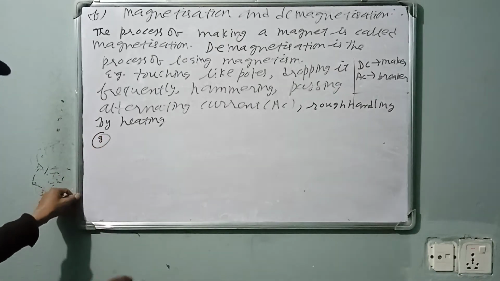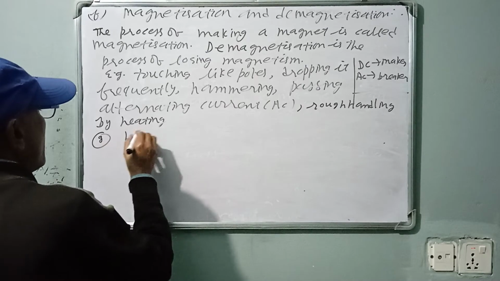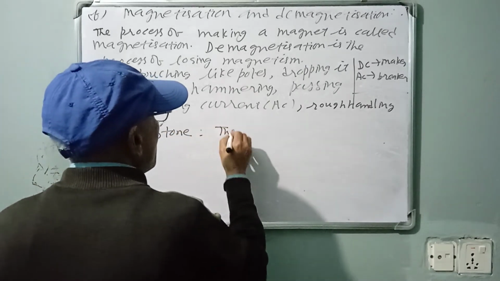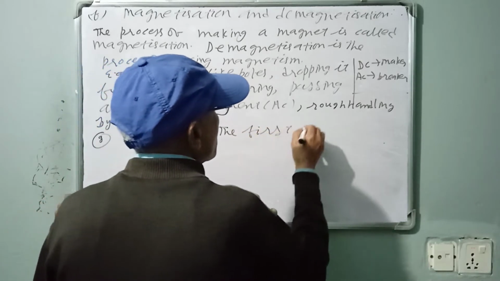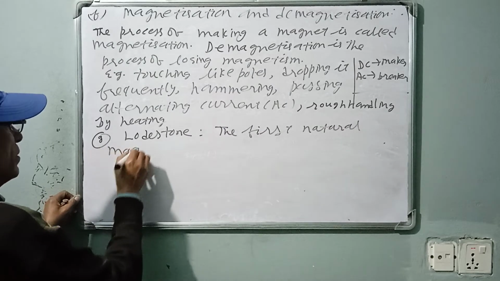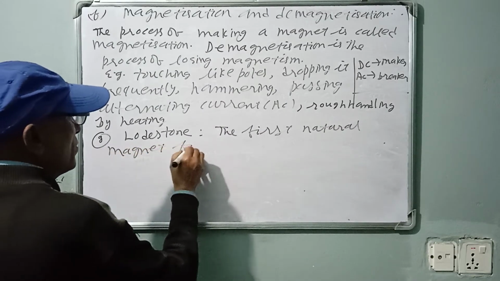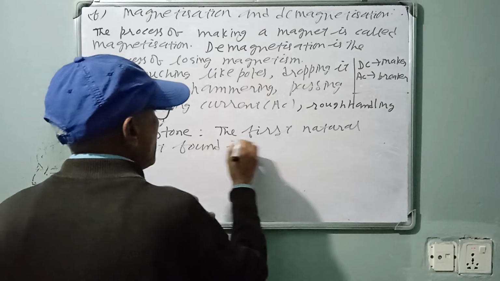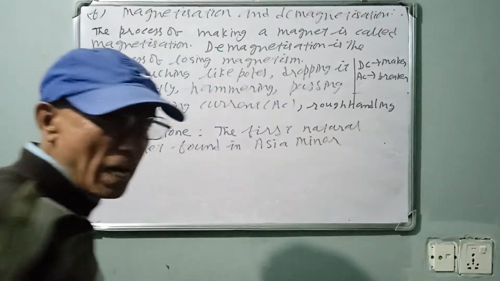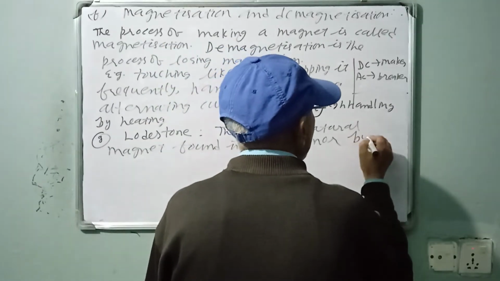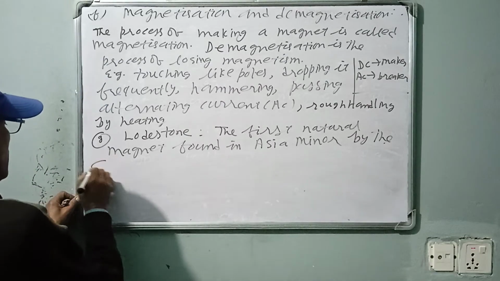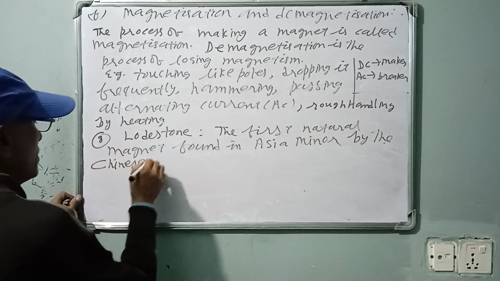G. Lodestone. Lodestone, the first natural magnet, found in Asia Minor by the Chinese or Greek Navy.